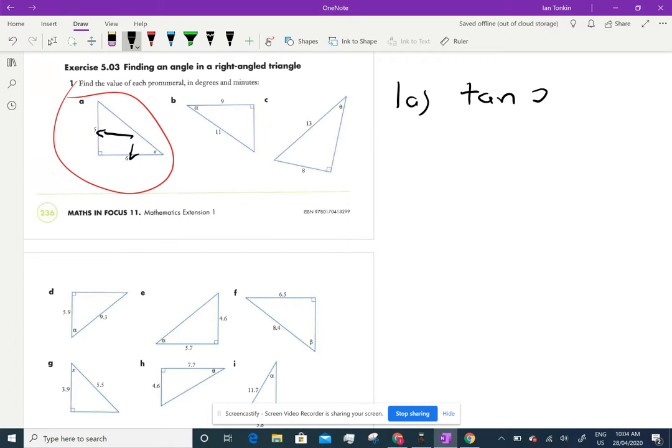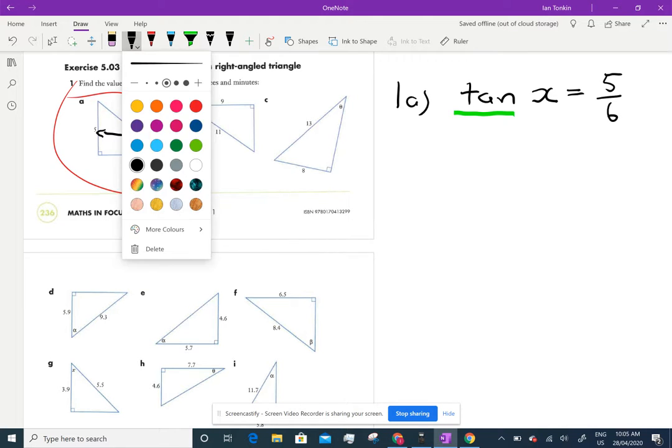Tan, what's the angle? X equals opposite over adjacent, 5/6. Now remember that this is an operator. It's like square rooting, it's like multiplying or dividing. And to undo it, to get the pronumeral by itself, because this is an equation and we need to solve it, we have to undo tan.